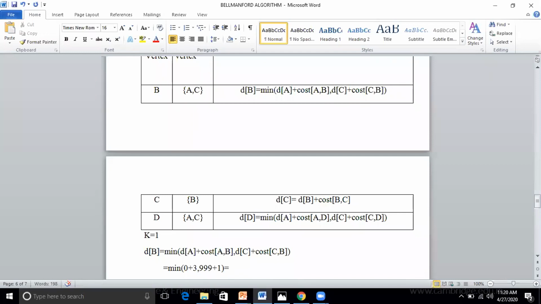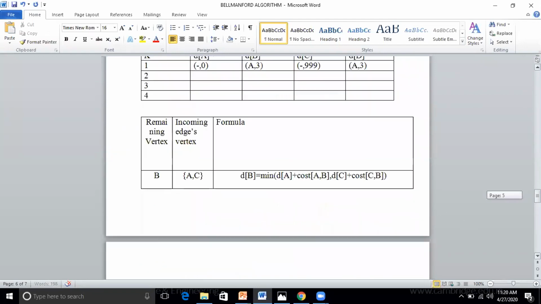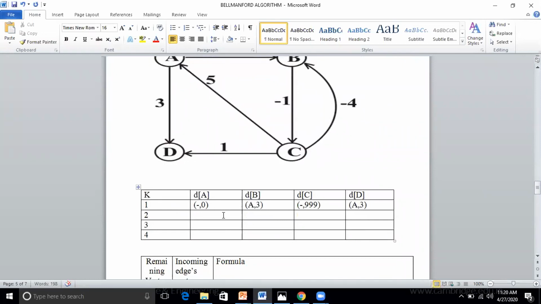Via which node? Via A node. Can I write it as A comma 3 again? Yes, sir. So hope all the students are following this, right? Yes, sir. Since it's a source, I'll repeat the same values for all the columns. This is A comma 3 again, isn't it? Yes, sir.